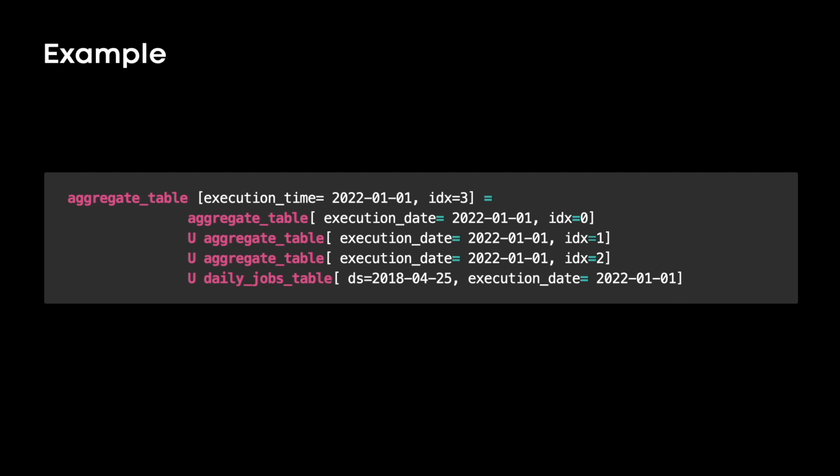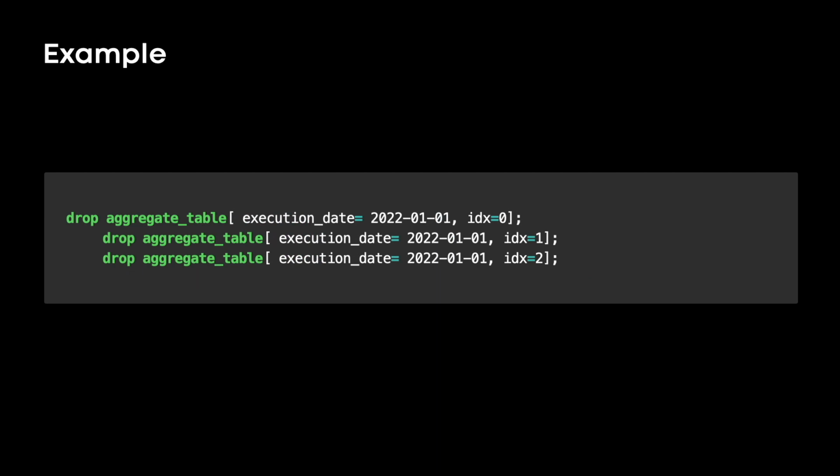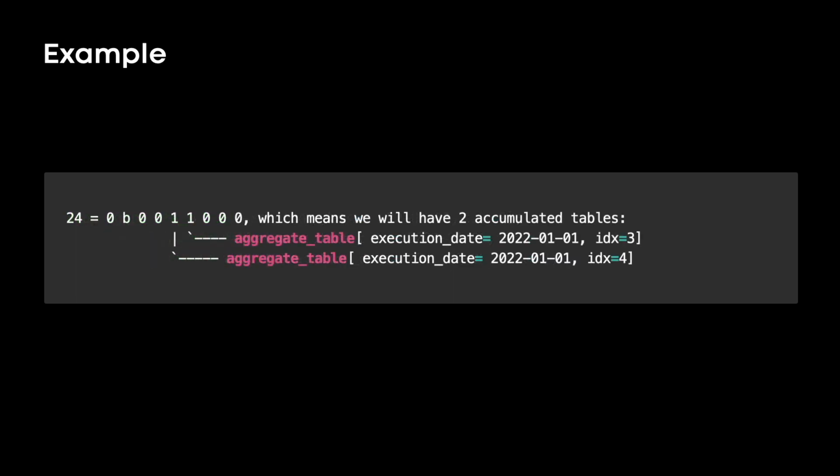As we have merged all the lower index partitions into index bit 3, we drop these partitions. Hence, on the 25th day, after the aggregation pipeline is run, this is how it will look. Now we'll have only two partitions.